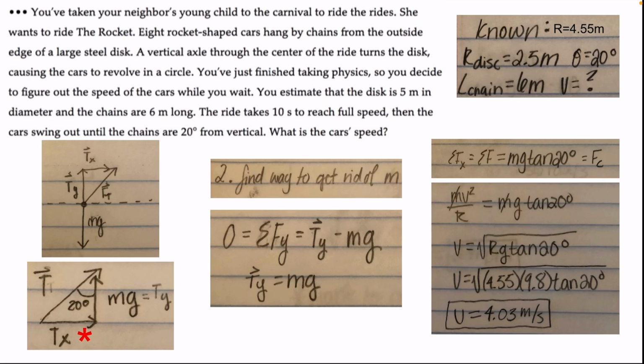And so all we need to do, since velocity is already a term in the equation for centripetal force, is rearrange the terms and plug in what we've already been given for the problem, and solve that the velocity of one of these rockets is going to be about 4.03 meters per second. So that is the answer to this problem. Thank you for listening.